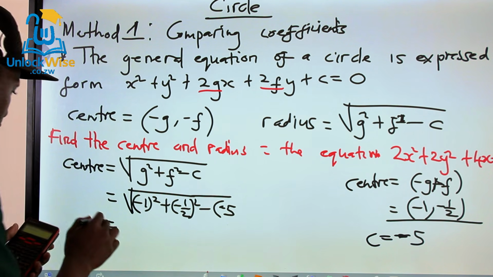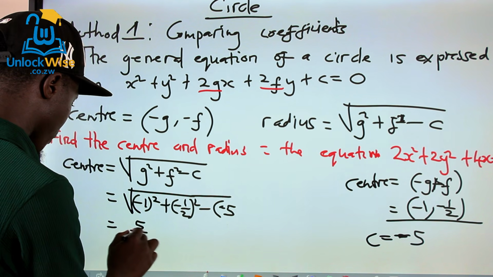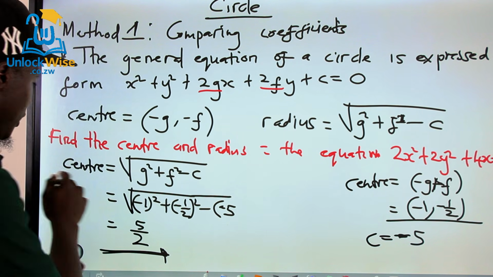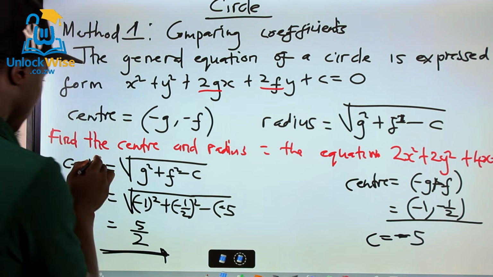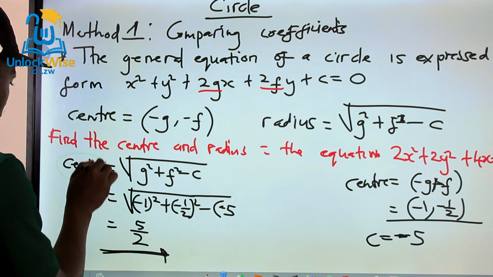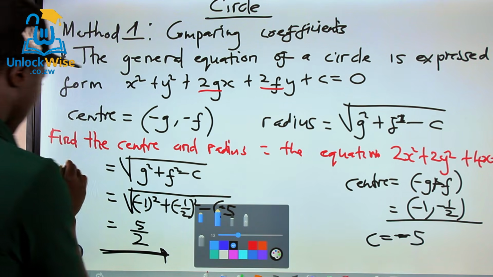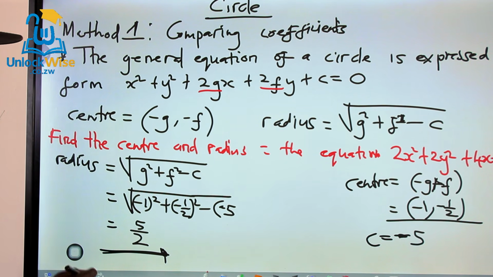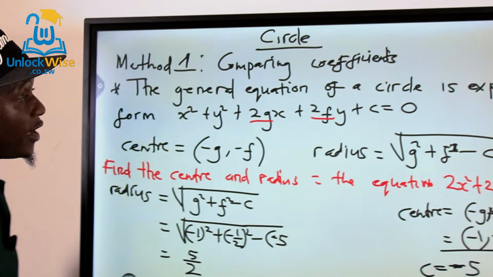So the answer will be 5 over 2, and this is not the center, that's the radius. So this marks the answer for our radius.